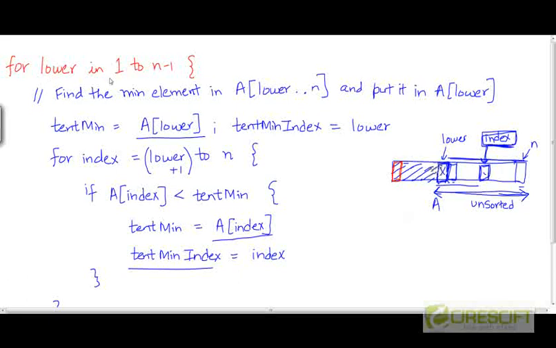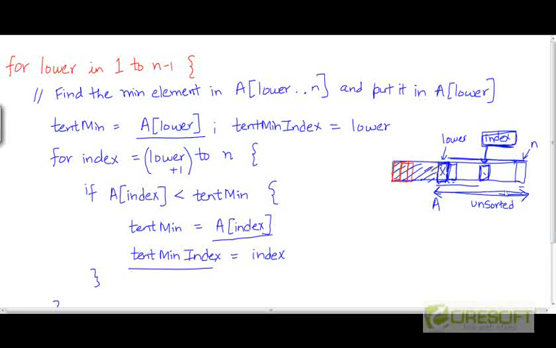Then when lower becomes 2 and this loop executes, at the end of that, our sorted portion will have a length of 2, and so on. So once this loop executes for the n minus first time, our sorted portion will have a length of n minus 1.